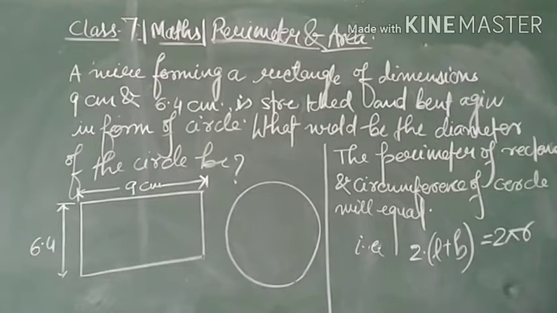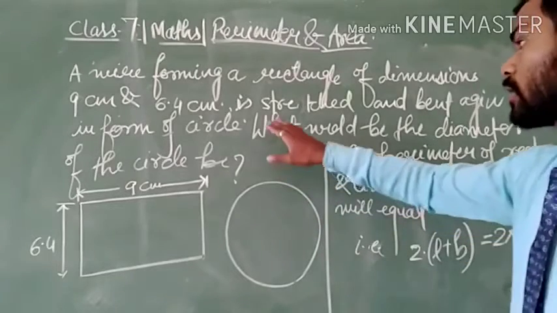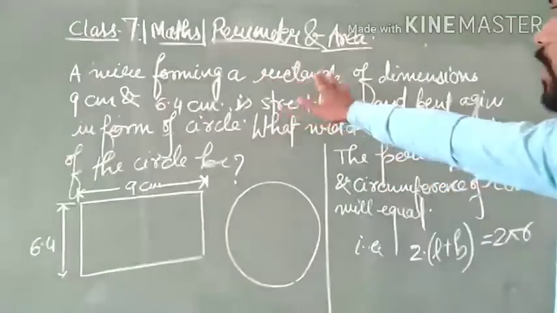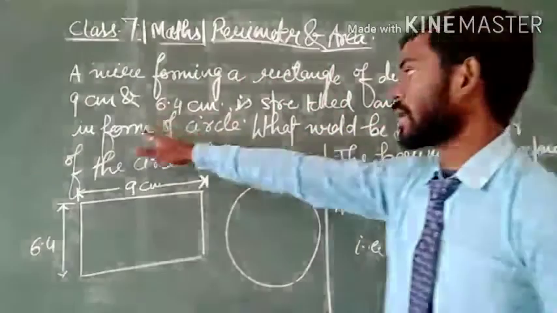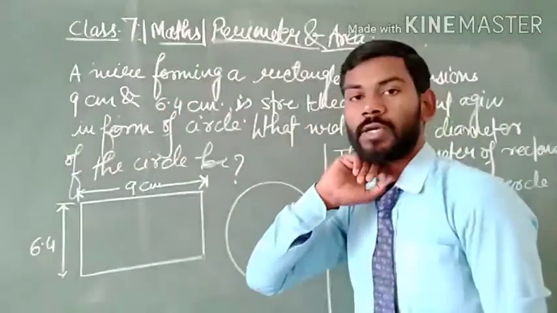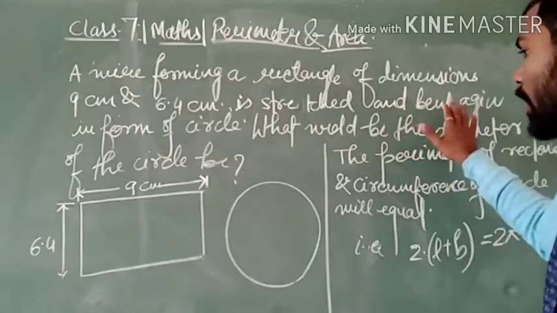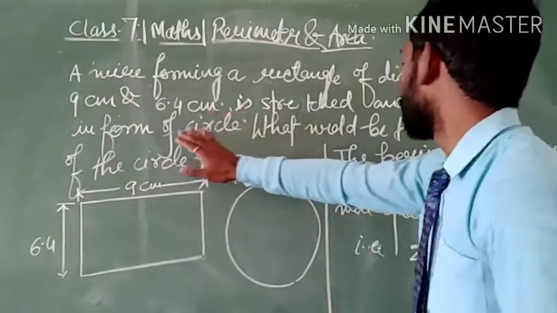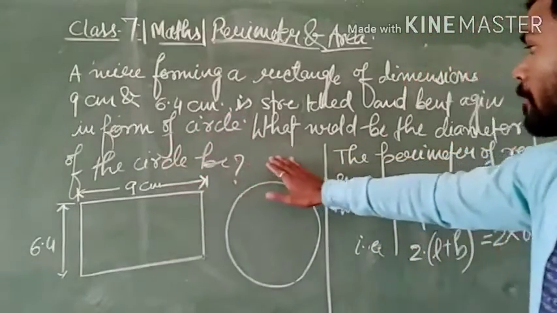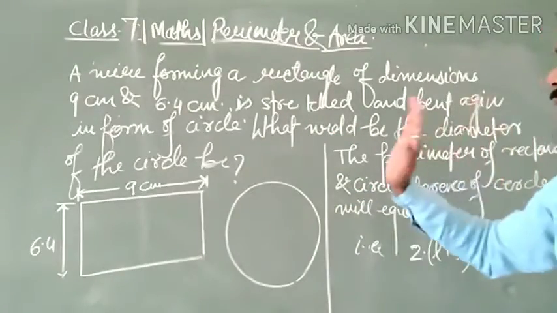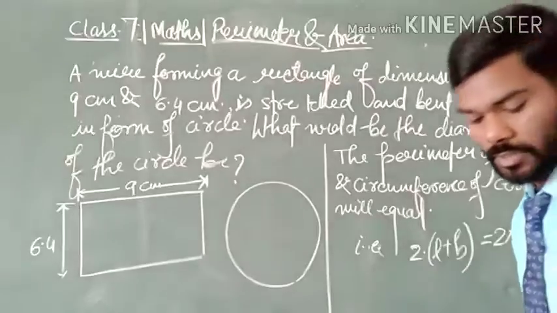Okay, students. So now see the next. What does the question say? A wire forming a rectangle of dimensions 9 centimeter and 6.4 centimeter is stretched and bent again in form of circle, then what would be the diameter of the circle?